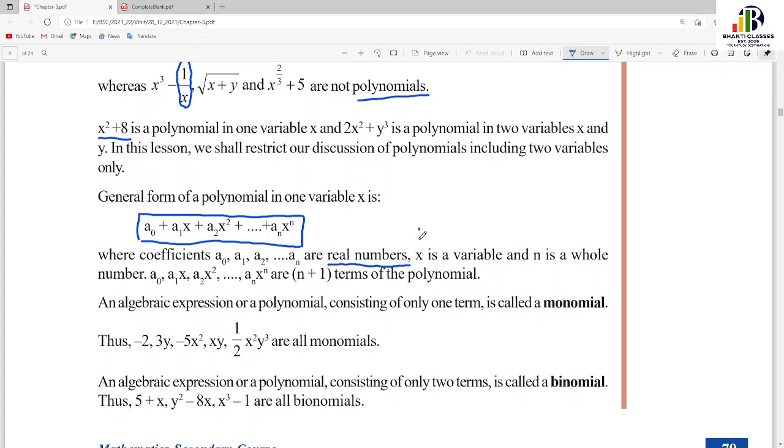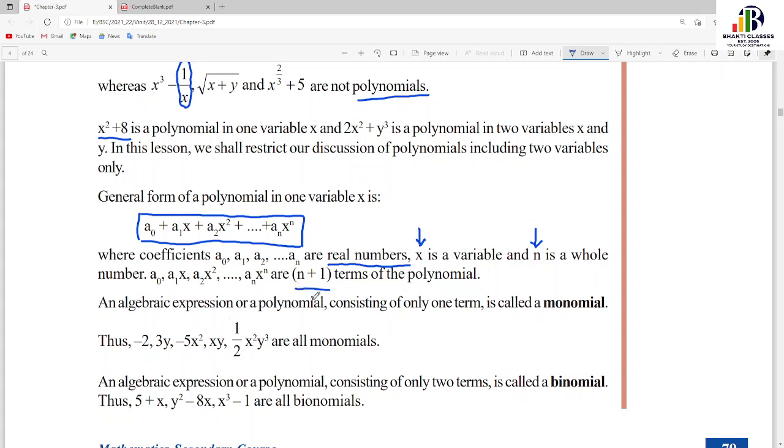Here x is a variable and n is a whole number. a0, a1x, a2x square up to an x to the n are n plus 1 terms of the polynomial. There is one more term than the power n.